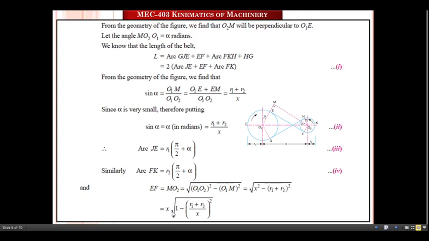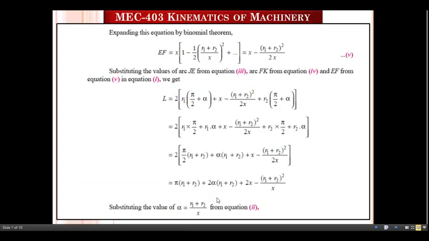So we can write this by taking X as common: square root of 1 minus ((R1 plus R2) divided by X) whole bracket square. The meaning of this one: X into (1 minus ((R1 plus R2) by X) whole bracket square) raised to half. Expand this term with the help of the binomial theorem. So we can get X minus (R1 plus R2) whole bracket square divided by 2X.